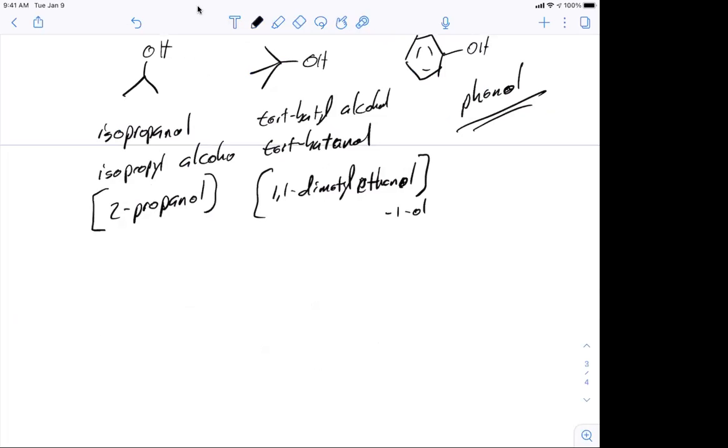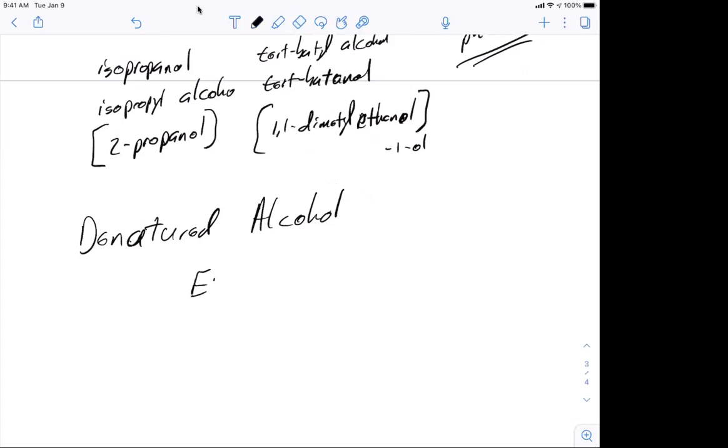Tert-butyl alcohol, we've been using that one in class for a while. It is important. Let's go talk about denatured alcohol. So ethanol is taxed, right?